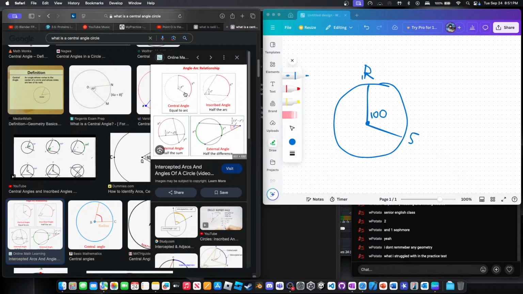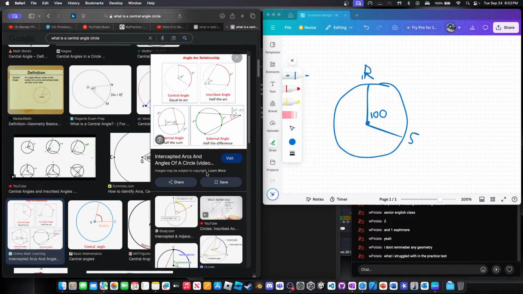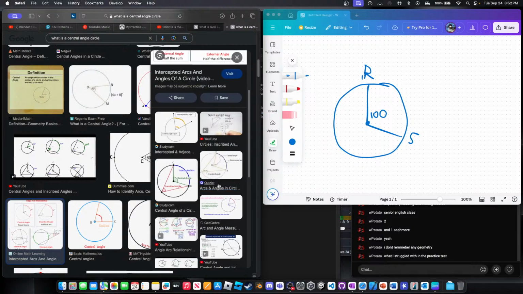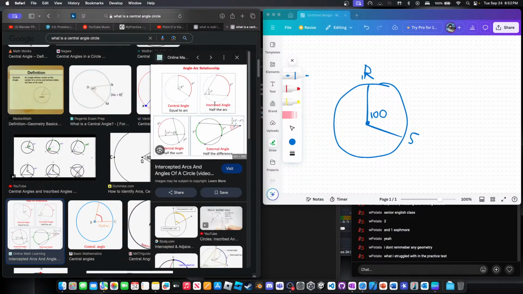Wait. Inscribed. Oh, wow, okay, that's kind of crazy. If I have to know all of this on the SAT, this is crazy. Inscribed angle. What the actual hell? Okay, I'm pretty good at info here.